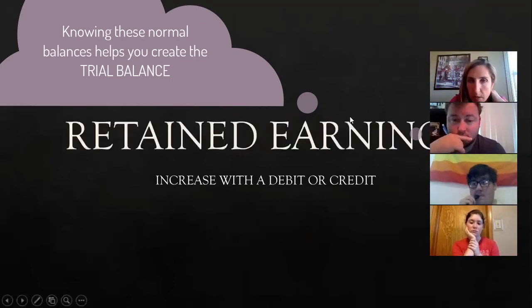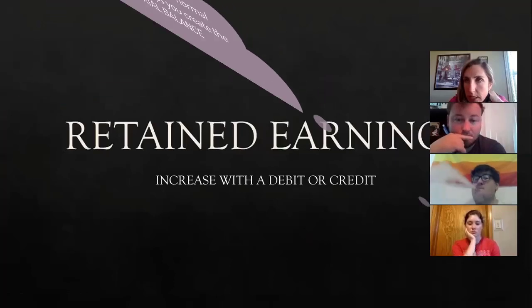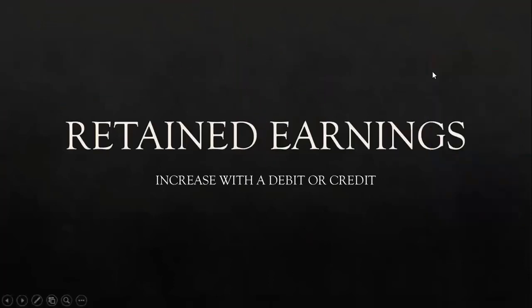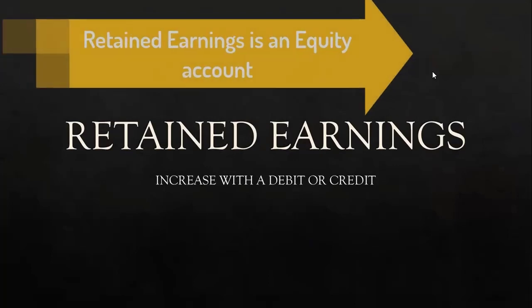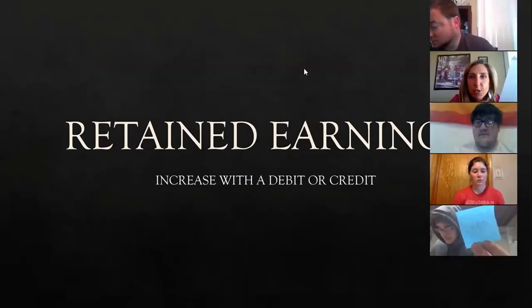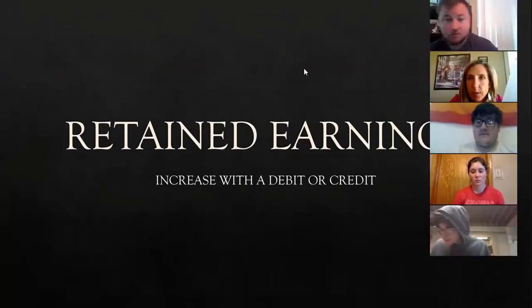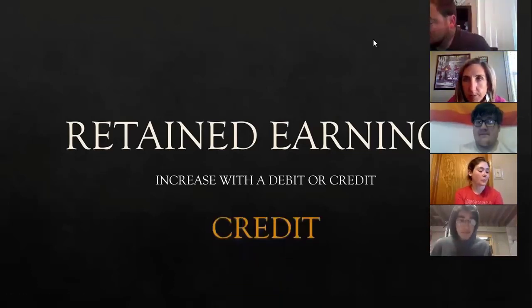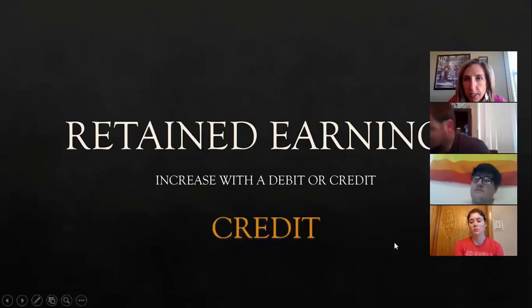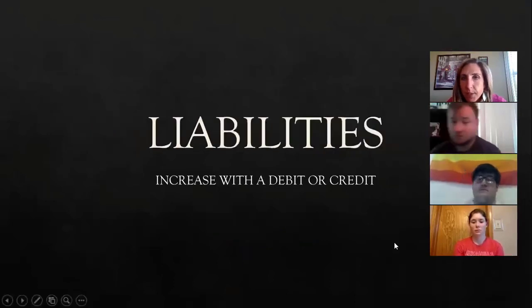Next question. Retained earnings. Does it increase with a debit or with a credit? This is your answer for most of you. Credit came up on the slide there. Ready for the next one? Liabilities.